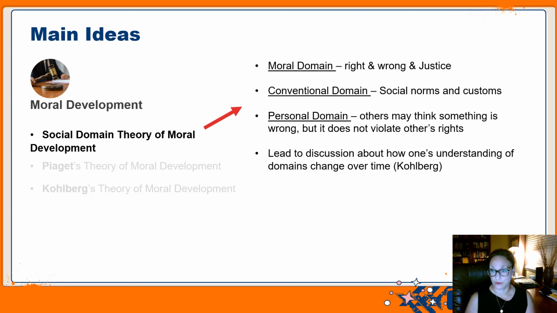So our notion of right and wrong and justice as a 7-year-old is very different from our notion of right, wrong, and justice when we're 16. And how does that progress? And then how do we, as maybe 10-year-olds, think about some of the social norms and customs, particularly as it relates to, for example, calling your teachers Mrs. Smith or Mr. Jones.